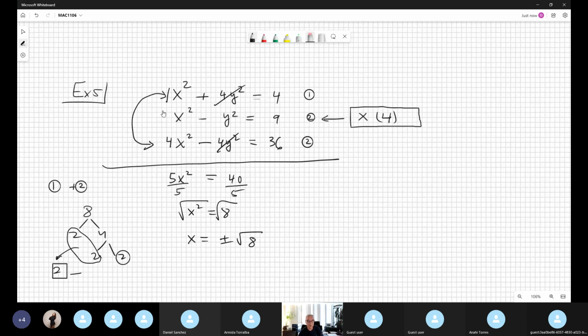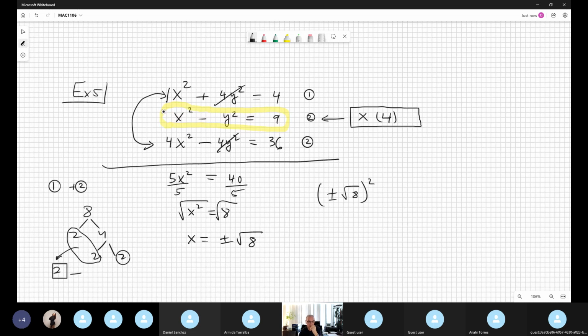It's a cosmetic problem. Now I want to find the y of the solution. I have the x of the solution. So I select maybe equation 2 again. I don't know why. I suppose I select it because I consider it easy. So now it is plus or minus radical 8, squared.